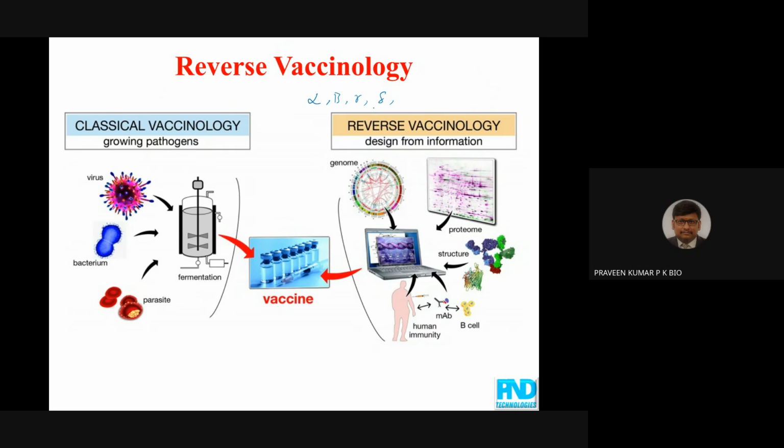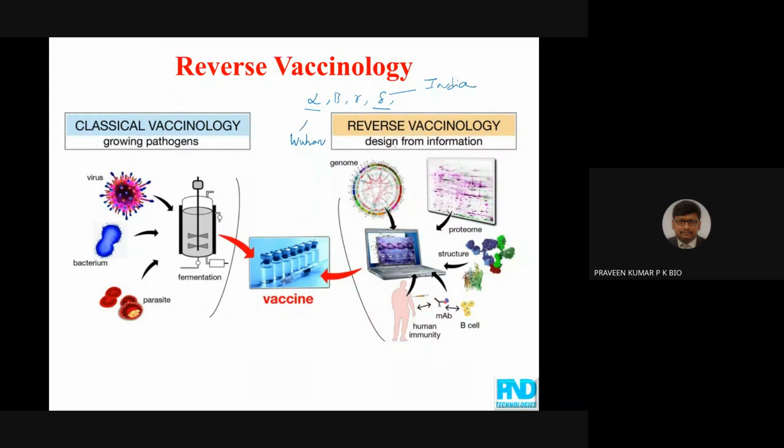The literature papers provide the information that the alpha strain originated from Wuhan, and the delta virus originated from India. How many know this? Similarly, one or two other strains also originated in India.